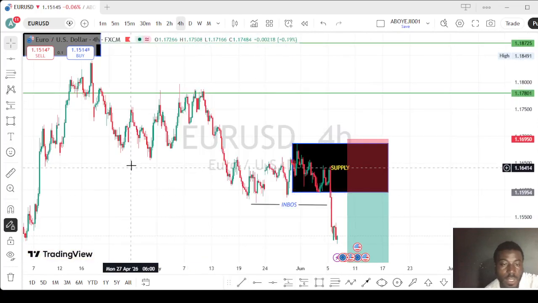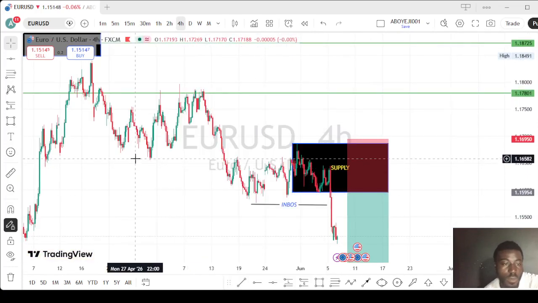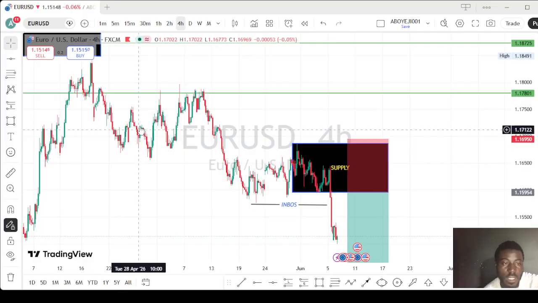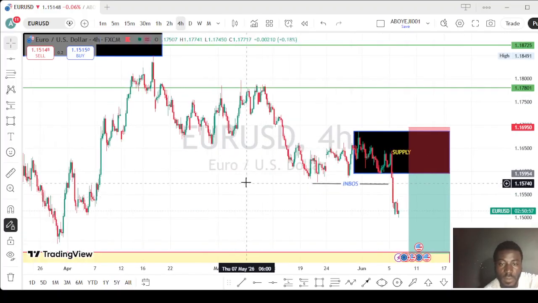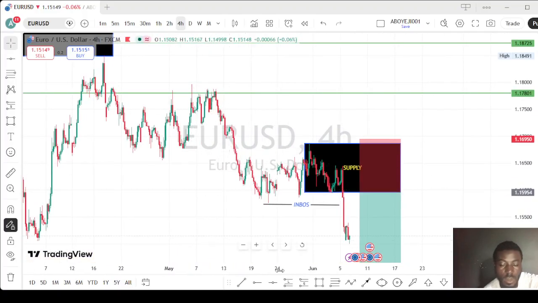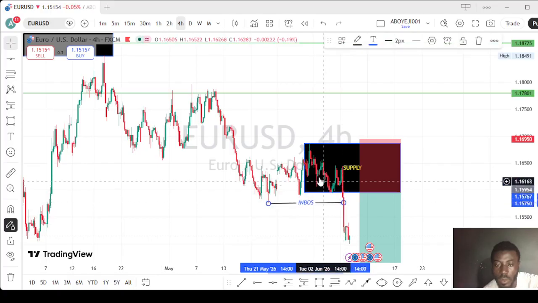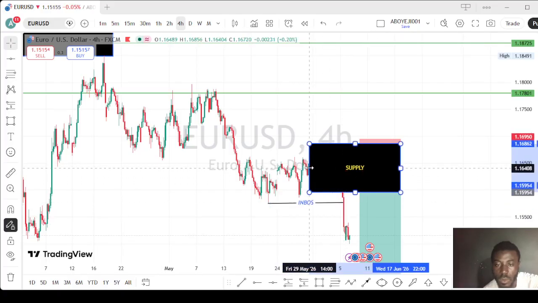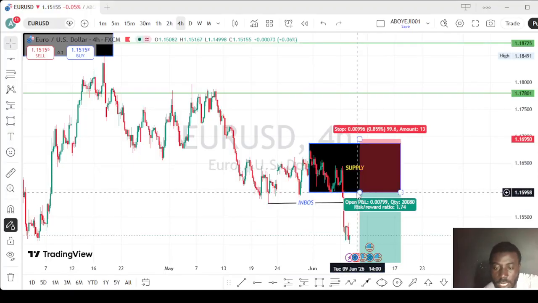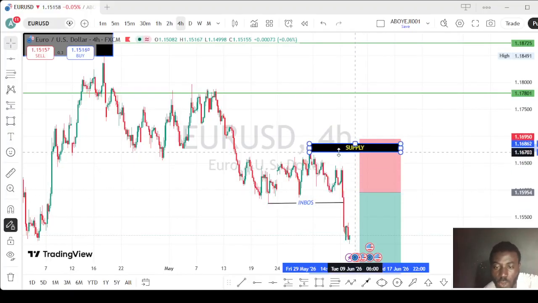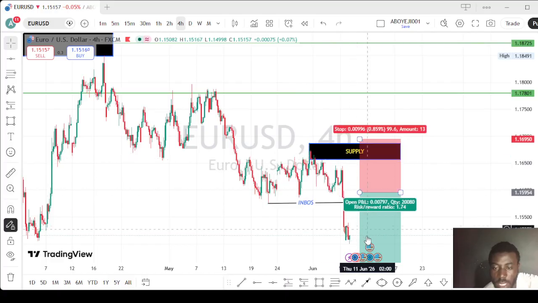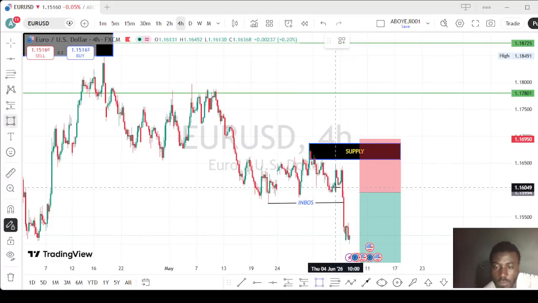This is the 4 hour time frame, and this is a breaker block market. You can see this is a break of structure here. So this is what we are following now. If we redefine the market, this is where the supply entered the market. This is where the supply is. And on the 4 hour time frame, this is an FVG here.